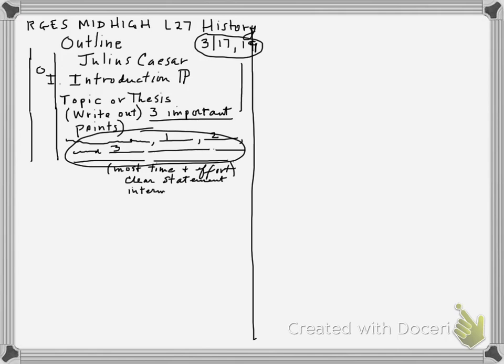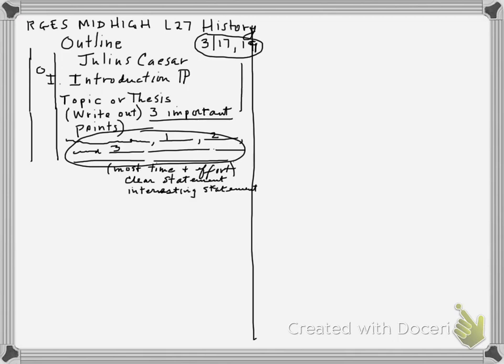Just like when you did your speech, you made it a very interesting statement to draw the audience's attention. Remember that? You worked on that. You decided to put an interesting fact, a quote, a famous saying, or you used a scripture in a speech.